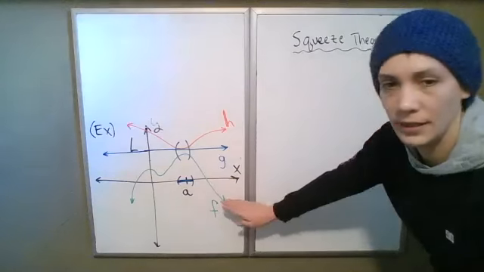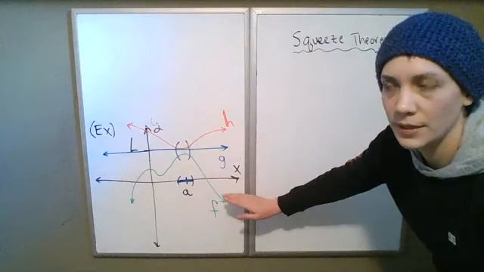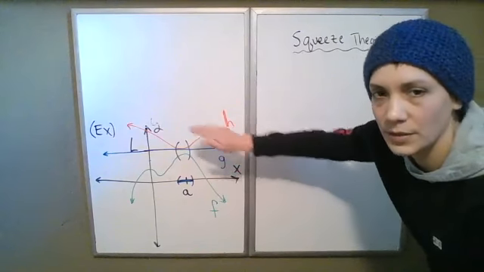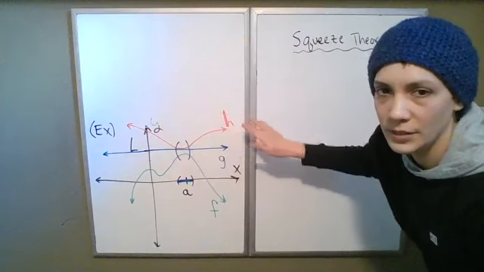We'll figure it out. Okay, so what I have drawn is values for your function f of x are less than or equal to the g of x values, and those all are less than or equal to h of x values.